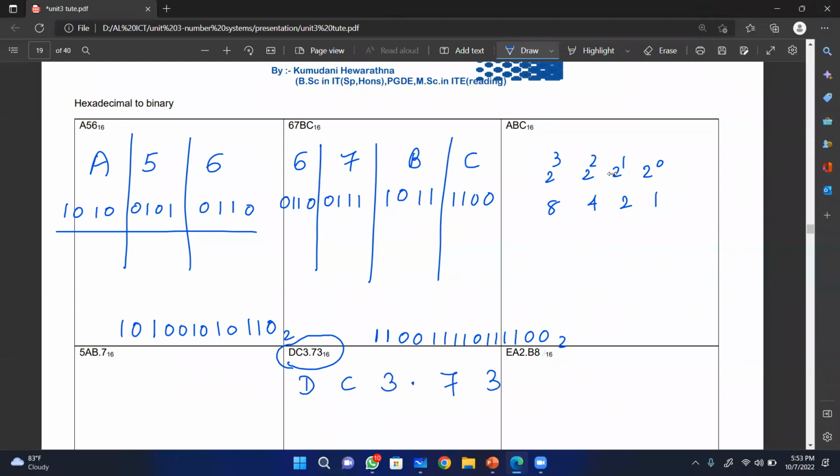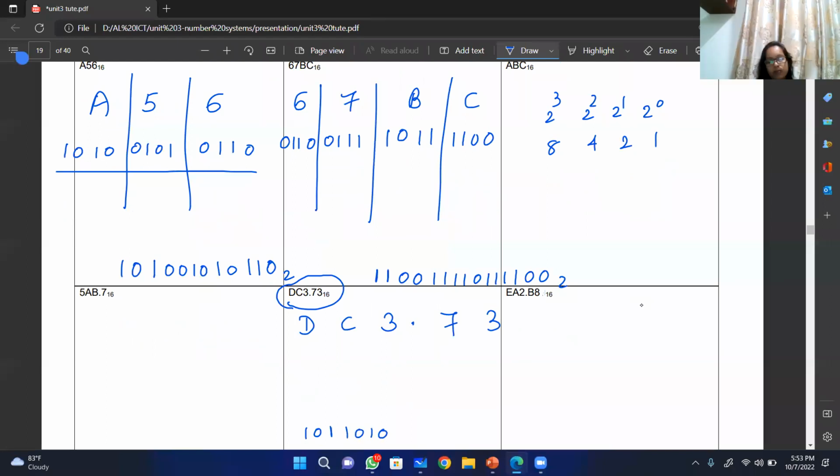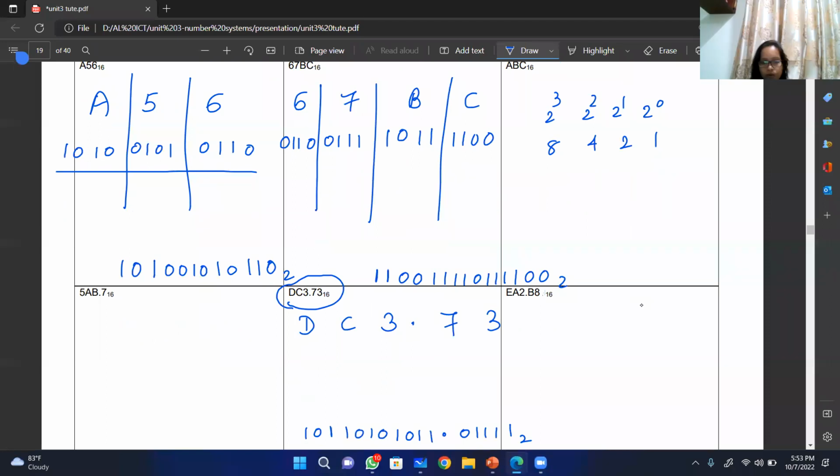Madam, I got 101, 1010, 1011, decimal point, 0111.